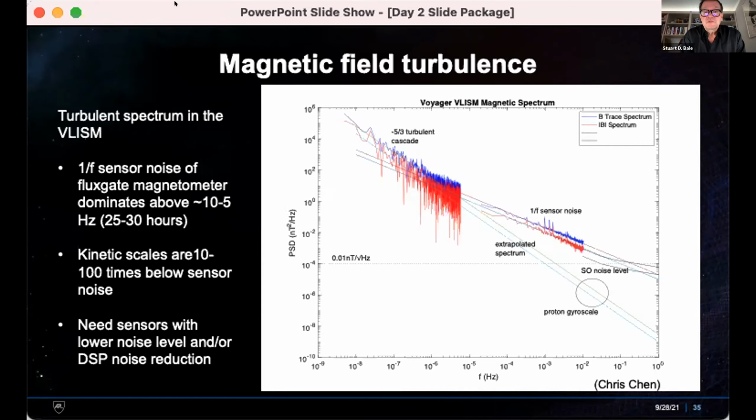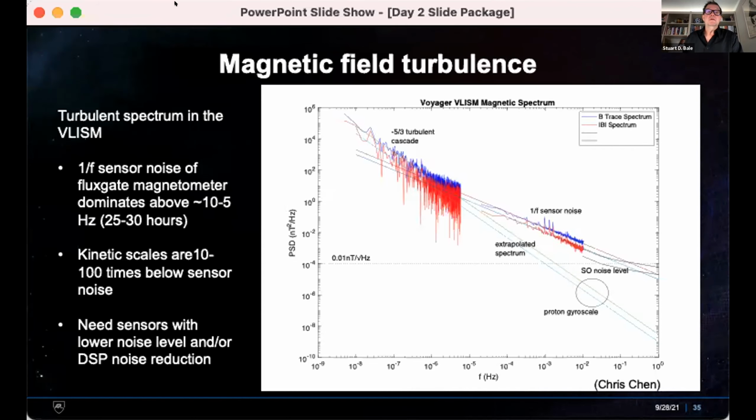So I think there's a strong case to be made for some work on sensitive magnetometry. There are existing magnetometer technologies, of course, but there's a case for some either DSP or inherent sensor noise reduction work to be done to make an optimal measurement of the magnetic field in the boundaries of the outer heliosphere and in the interstellar medium.